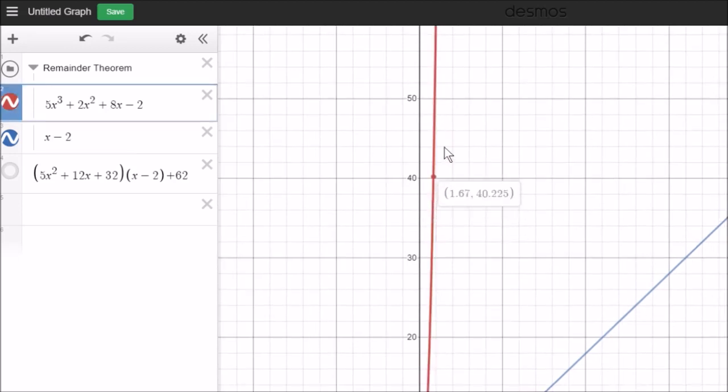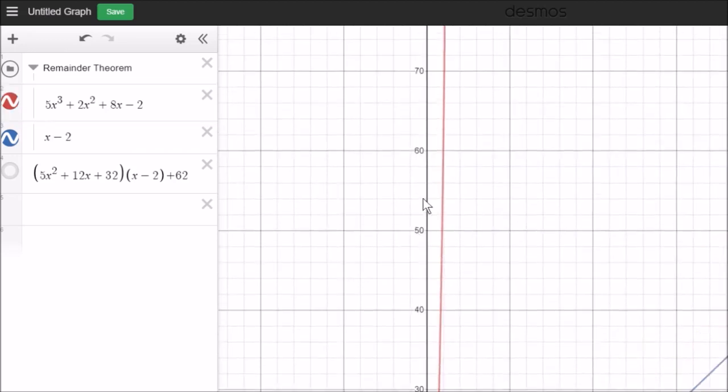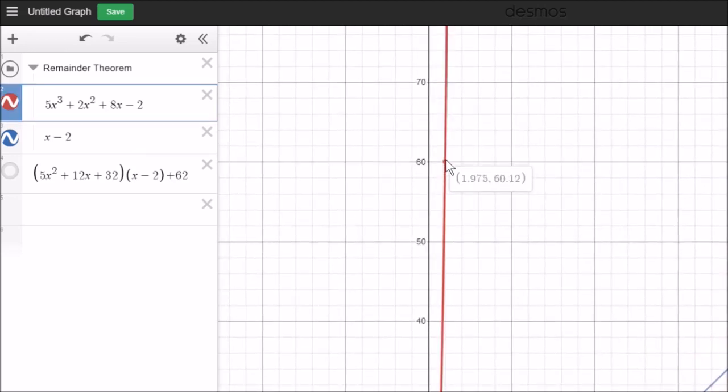So we head up towards 2, 1.97, and there we're heading towards 2. And you can see at x equal to 2, y is exactly equal to 62. So that means that the remainder theorem is correct. The value of the remainder is just the value of the function at the point given by this value here, which is 2.